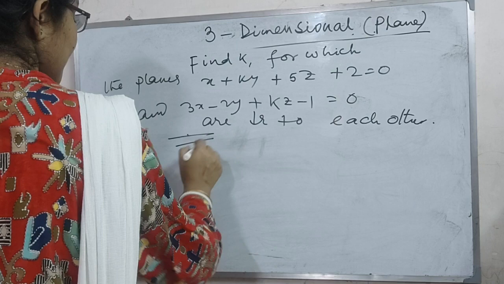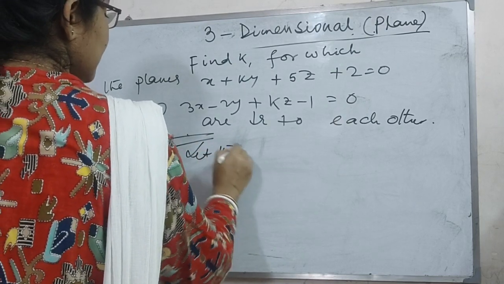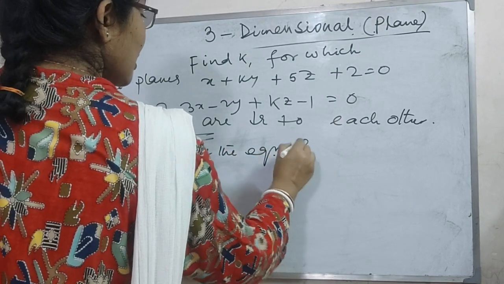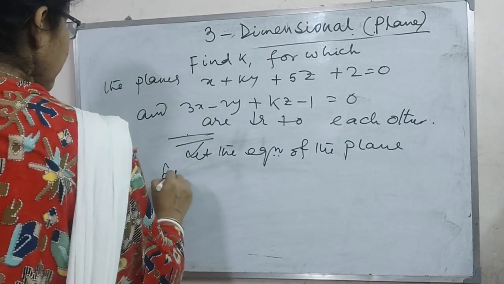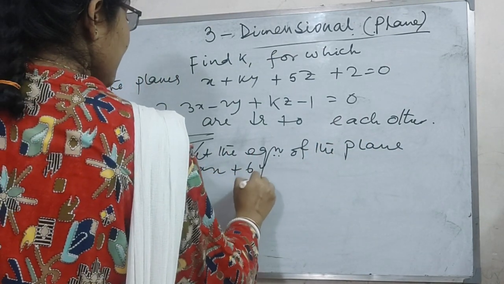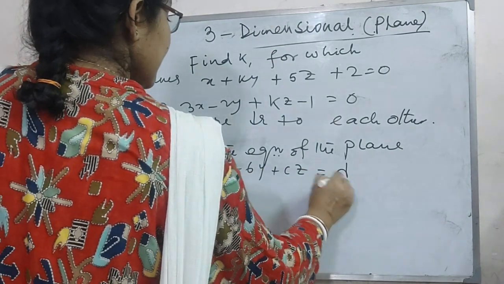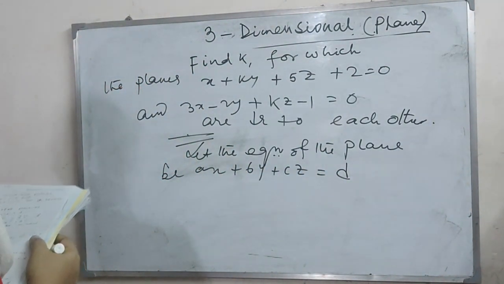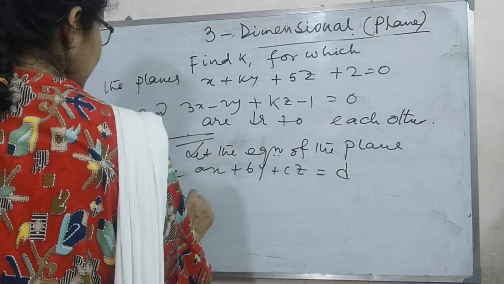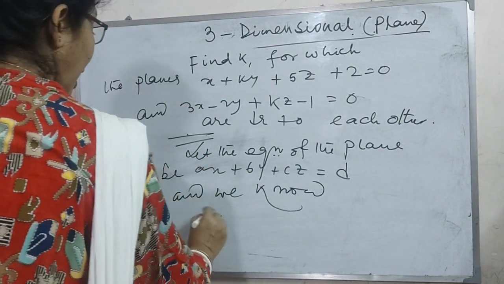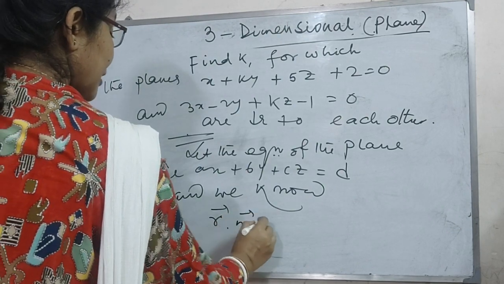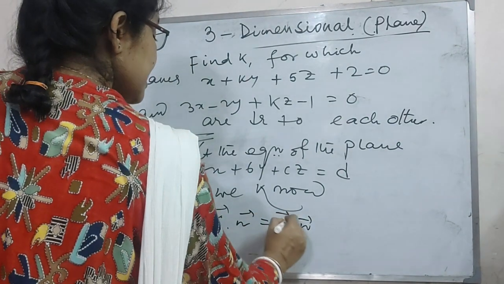Solution part. Let the equation of the plane be ax + by + cz = d, and we know r dot n = a dot n, this is equal to d.